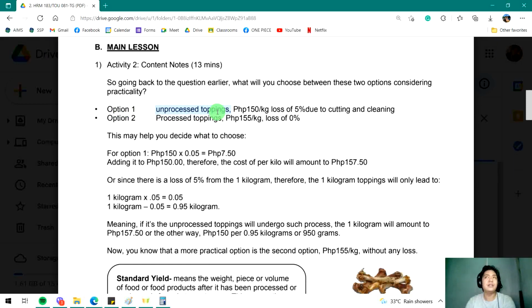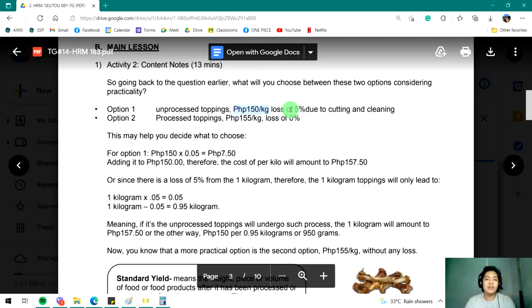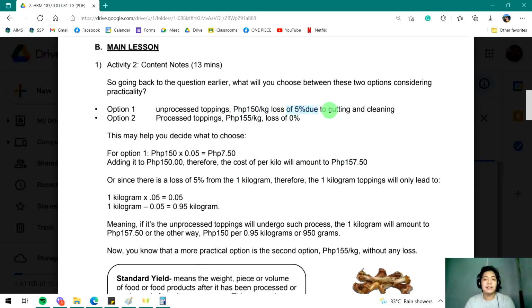Let's say, for example, ang business nyo is rice toppings, and then you have 2 options for your menu item or for your food, no? First is, ikaw ba ay gagamit ng unprocessed toppings wherein 150 pesos per kilogram ang presyo niya, and meron siyang loss of 5% pag due to cutting and cleaning.